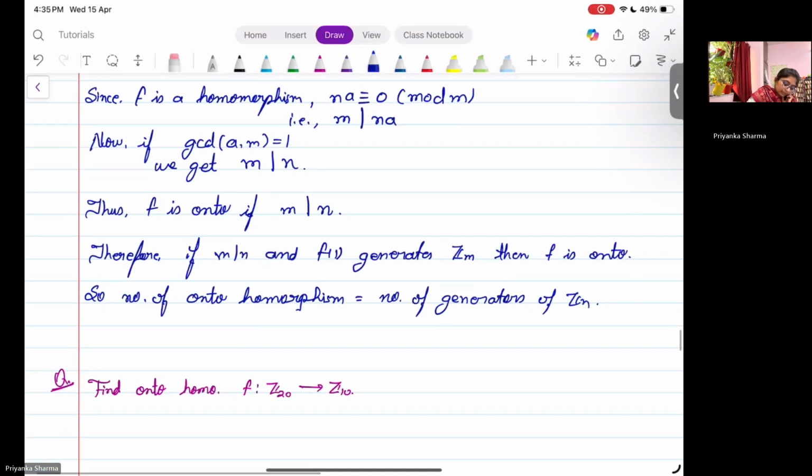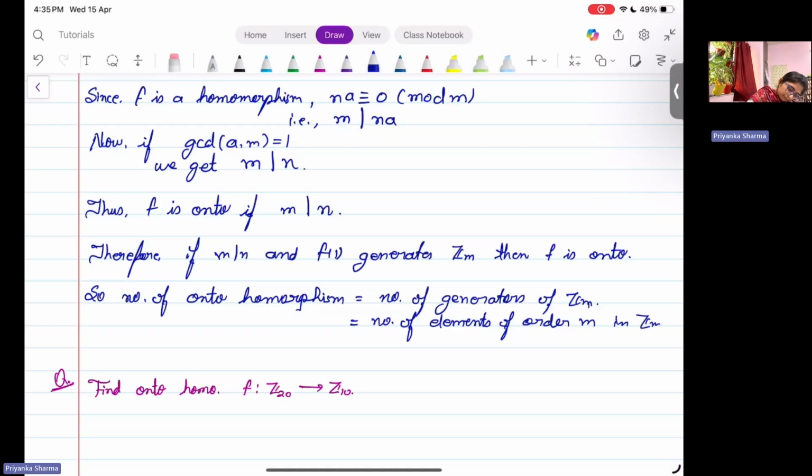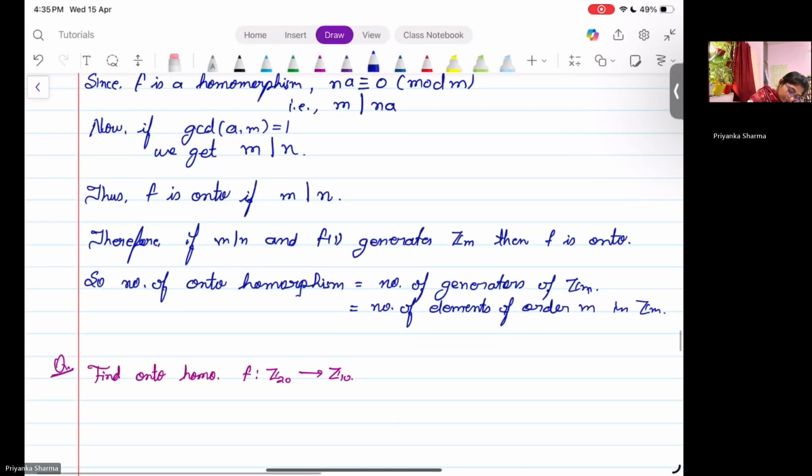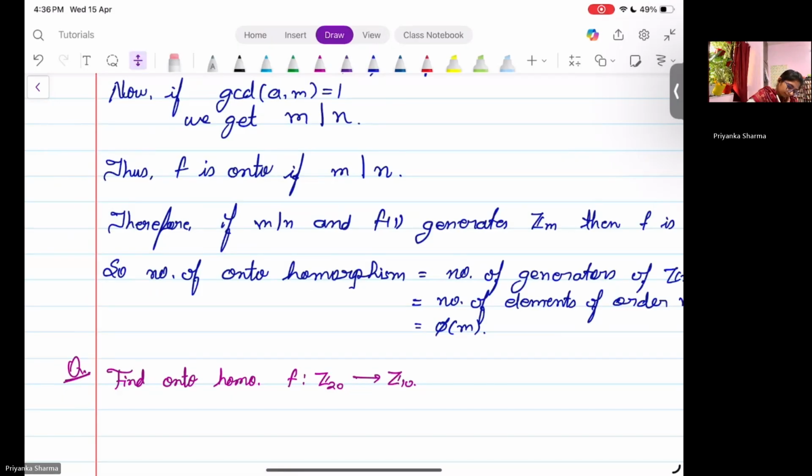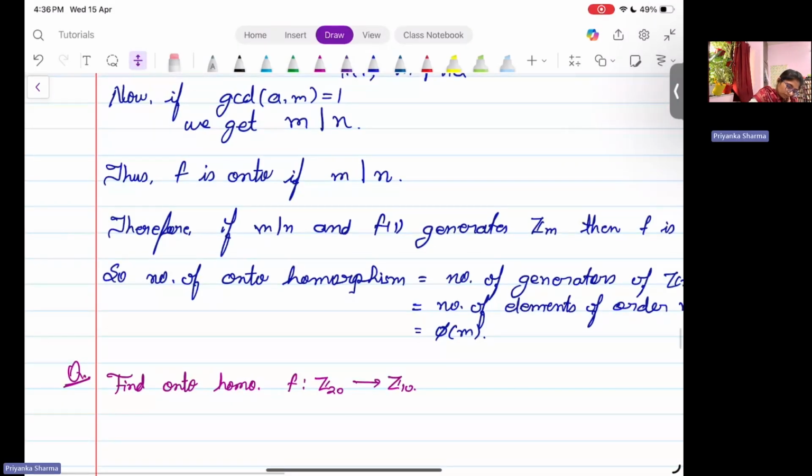That is, the number of elements of order m in Zm, because Zm is a cyclic group, and this is phi of m. Okay, so yeah.